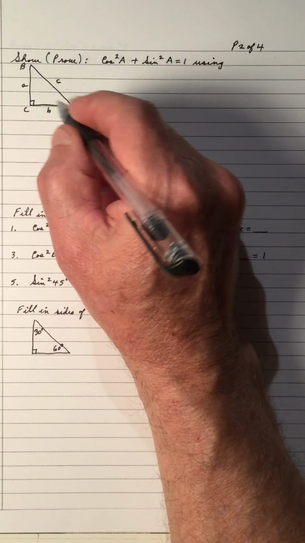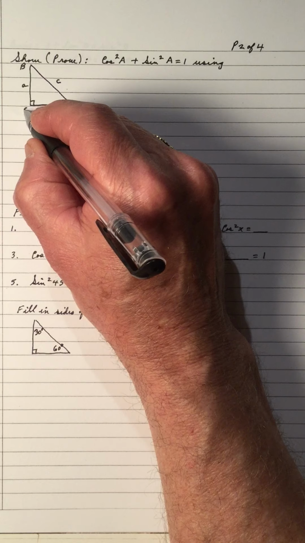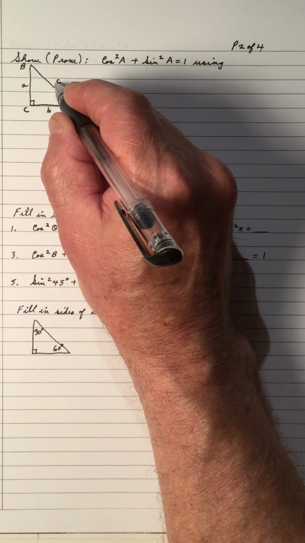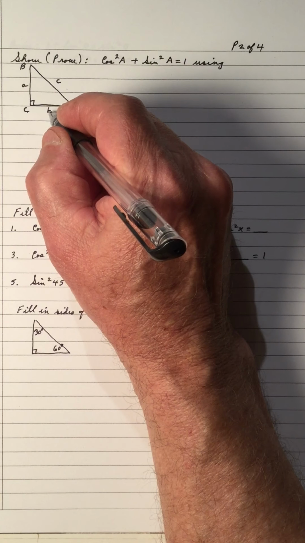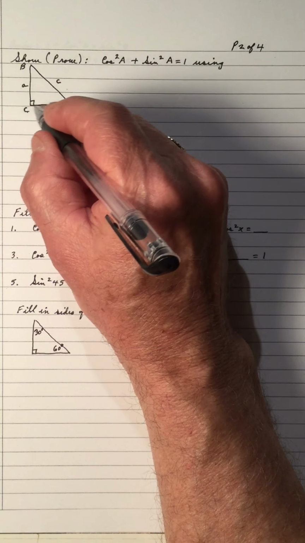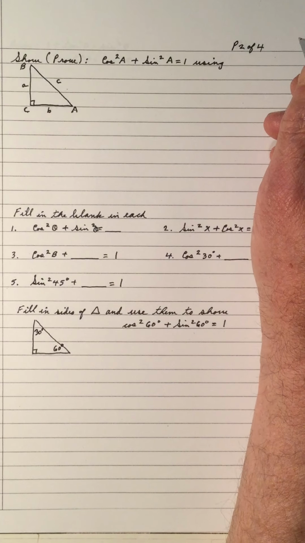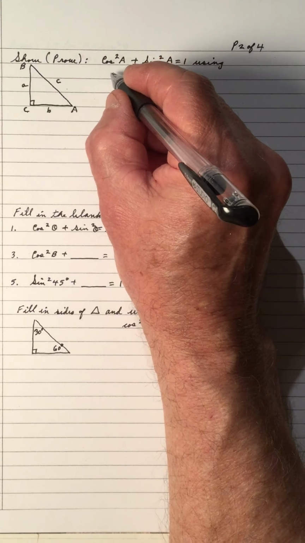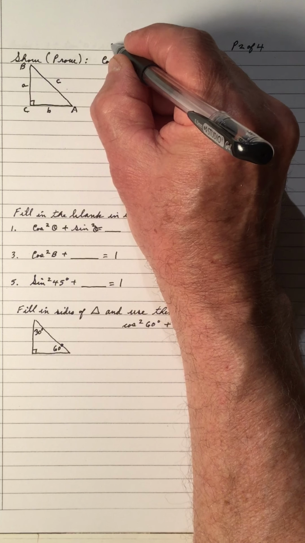There's a right triangle ABC. C is the right angle, and small c is across from it, small a is across from angle A, and small b is across from angle B. The small letters are the sides, the large letters are the angles. What we know is that cos is SOHCAHTOA.